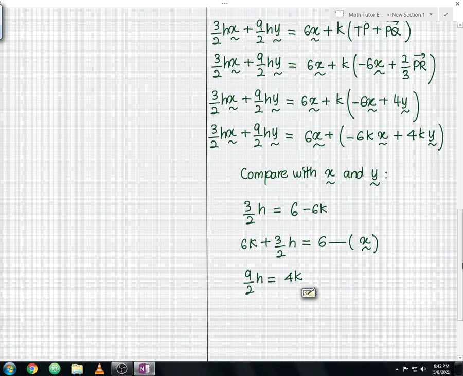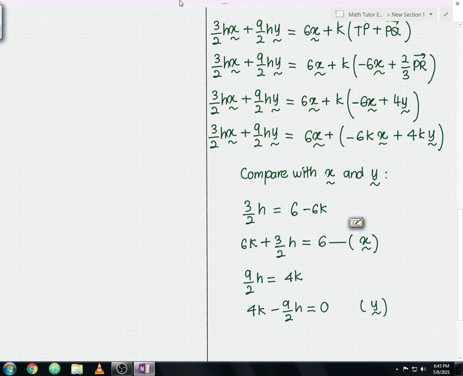So when I rearrange the equation, it will become 4k minus 9 over 2h is equals to 0. So this is your equation of y component. Okay, so let me label this.